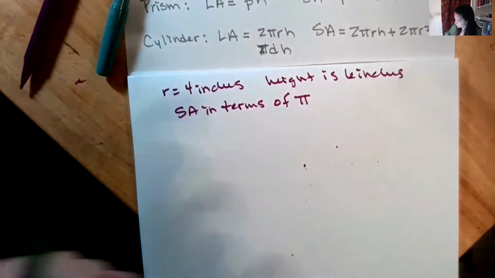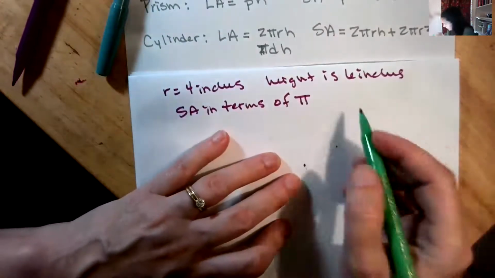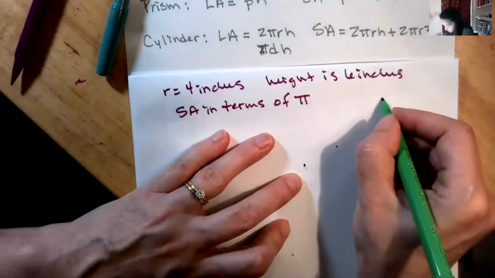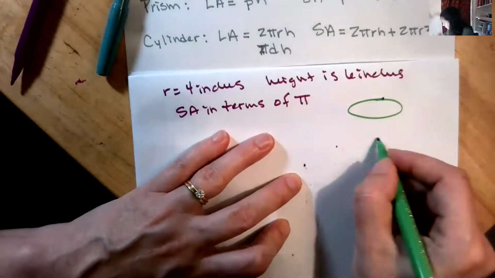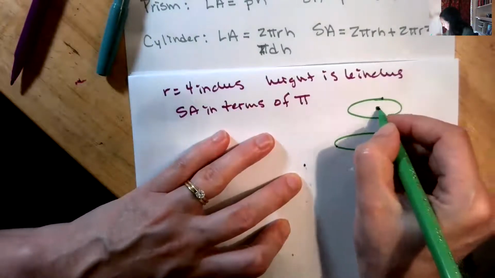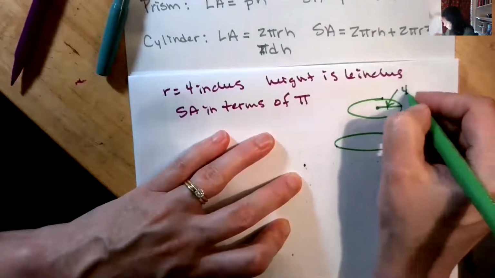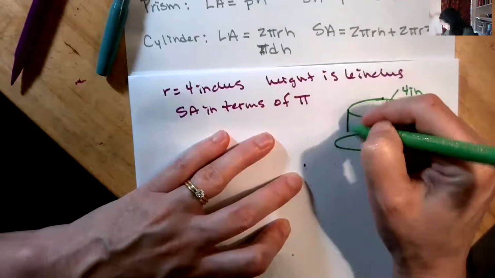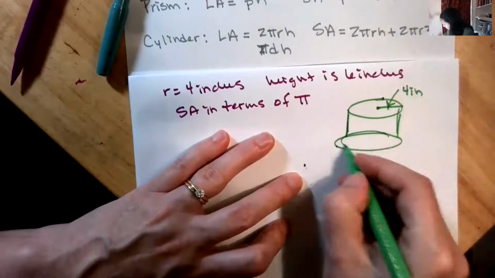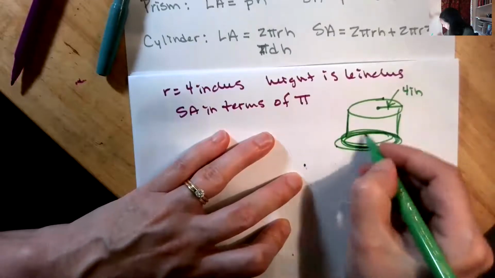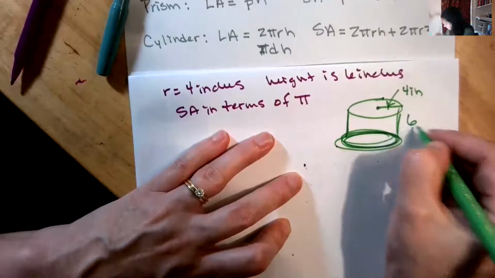Okay, so I know then that I have a cylinder. That was a terrible cylinder because my bottom circle is bigger than my top one. 4 inches for the radius, and the height is 6 inches.